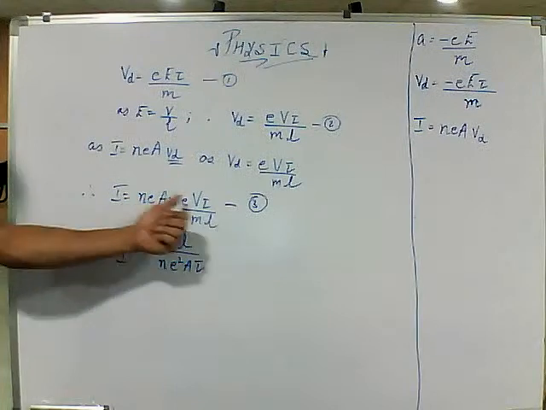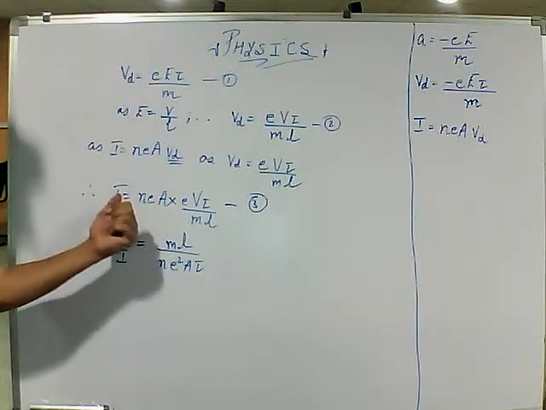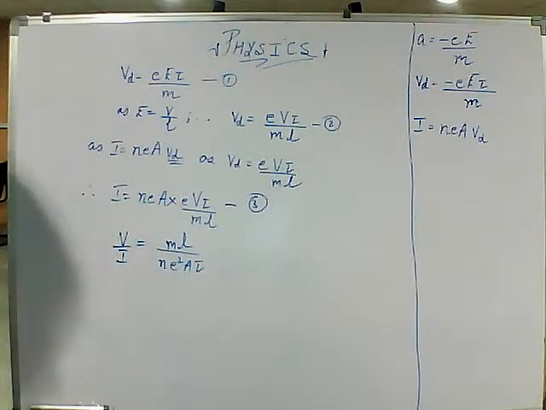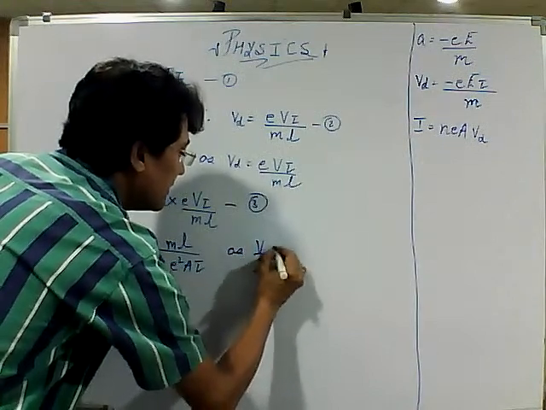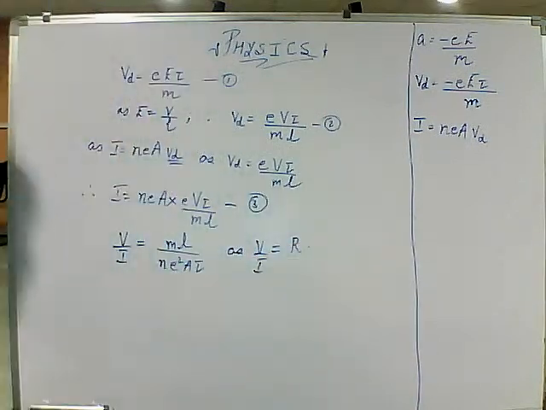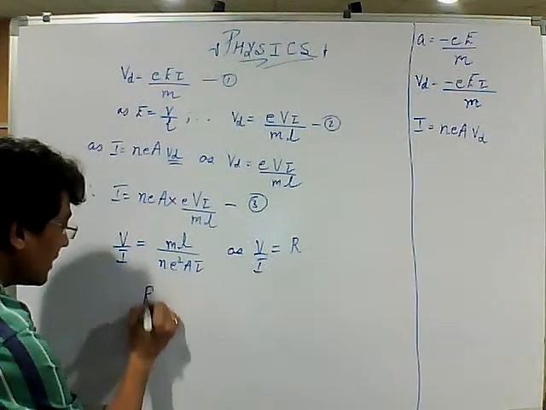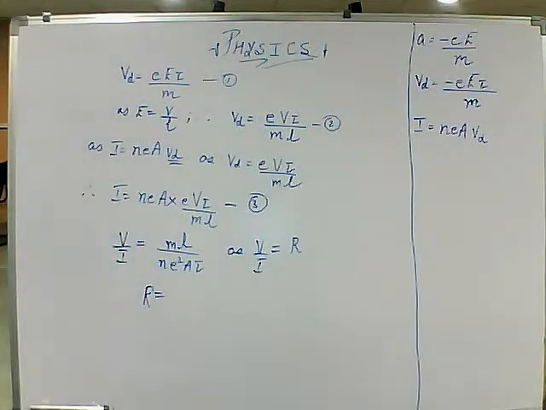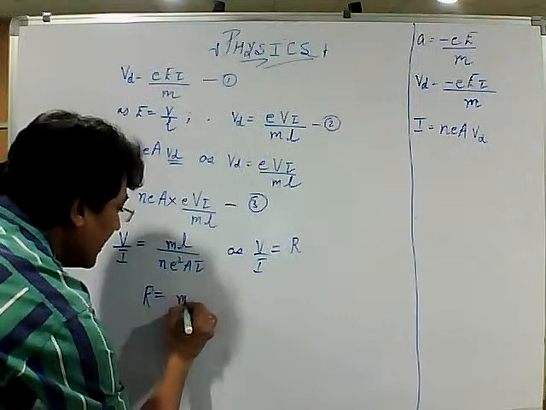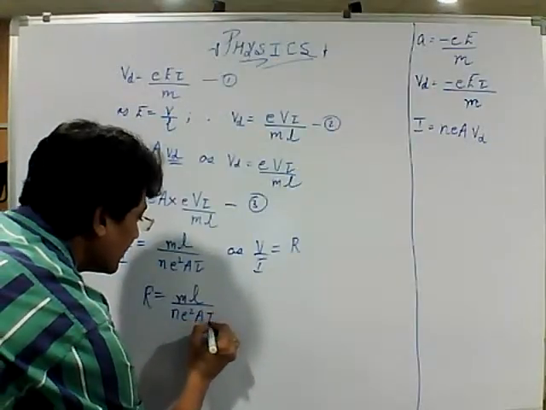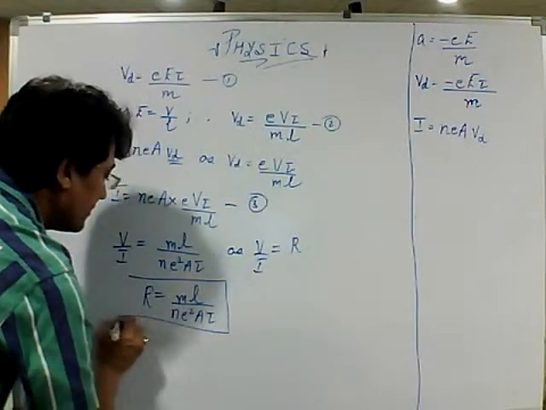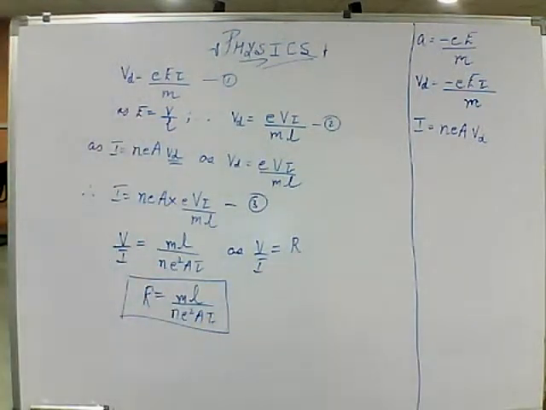Yes, I'll get V by I as mL upon n e square A tau. And what is V by I? V by I is nothing but resistance. So resistance R would be mL upon n e square A tau. You get resistance R as mL upon n e square A tau.